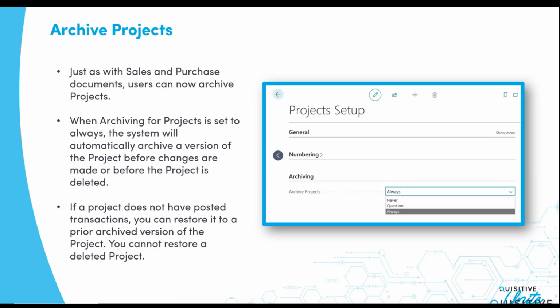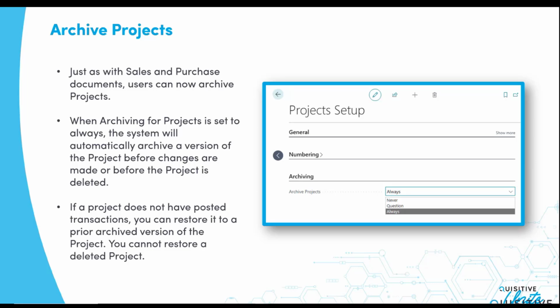This way, if the project gets deleted or changes are made to it, you can still refer back to these archived versions to see what had happened prior to that. If you don't have any posted transactions on a project and you've archived it and then realize, oh, you know what, we want to restore back to the archived version, the system's actually giving you the ability to do a restoration of those archived versions as well.